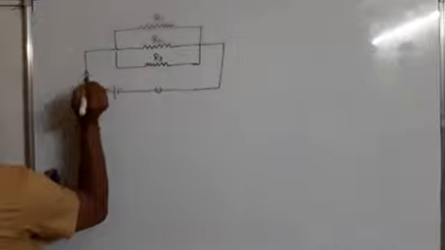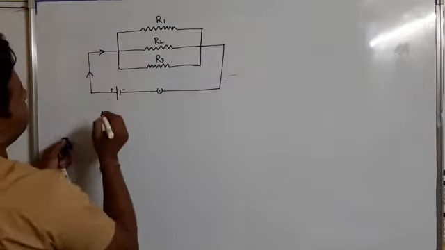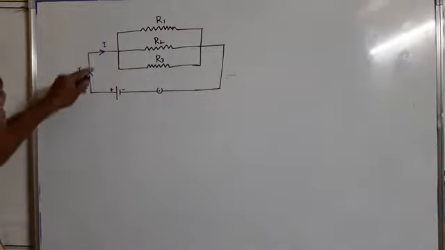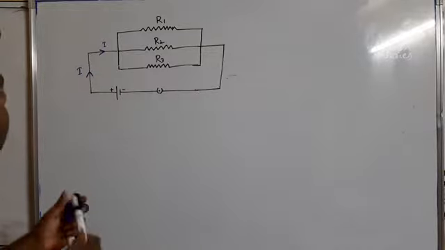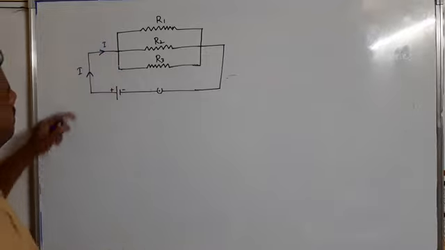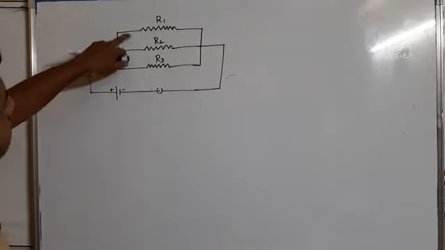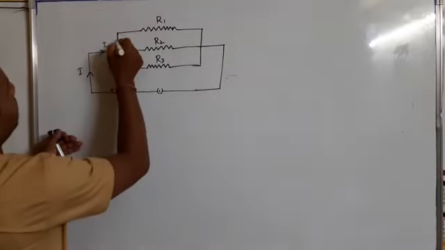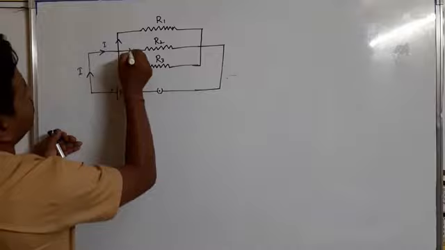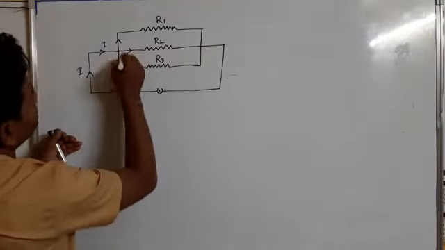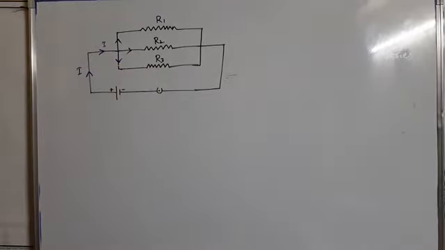The current will start to flow. Let I amount of current be flowing through it. After the current reaches here, there are three different paths. Some amount of current may flow this way, some amount will flow through R2, and some amount of current will flow through R3, because there are three different paths.